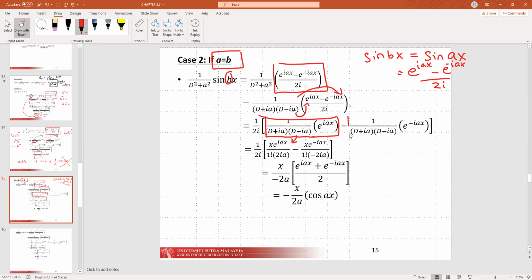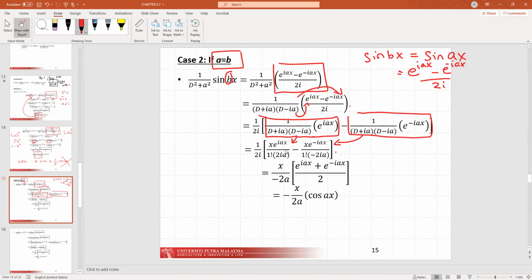Sama juga dengan yang ni. Dia dapat yang sini. Okay. So if you work out the algebra, dapat yang ni.